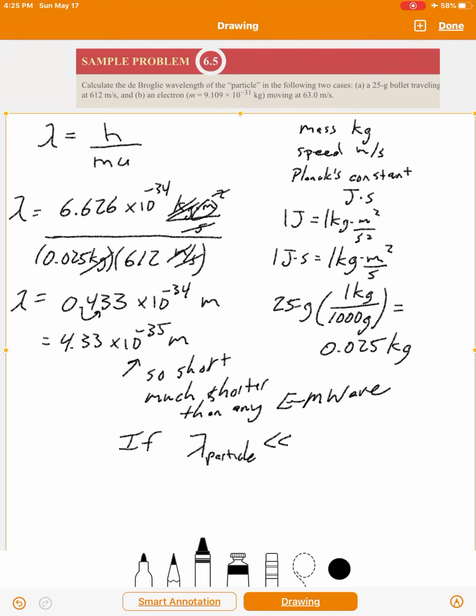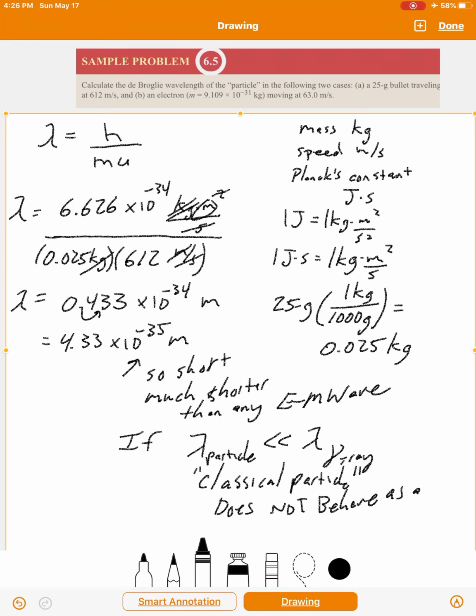is less than the wavelength of a gamma ray, then it's a classical particle. Meaning that it does not behave as a wave. It acts just like a bullet.